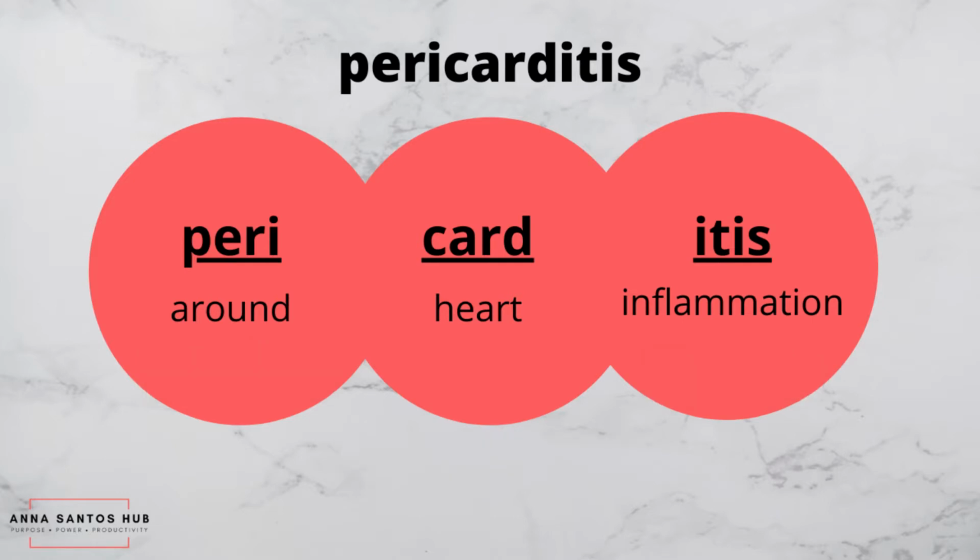Peri is a prefix meaning around, cardi is the root word that pertains to the heart, and itis is a suffix meaning inflammation. So we know now that pericarditis means inflammation around the heart. And this is the reason why I'm not worried about not knowing every single medical terminology, because I know that just chunking down this seemingly complex word can give me a clue on what this word means.